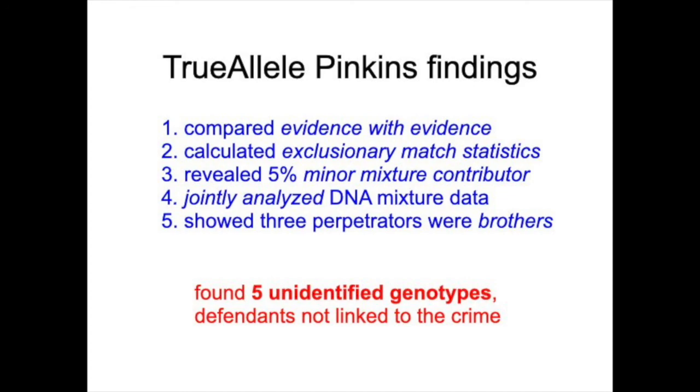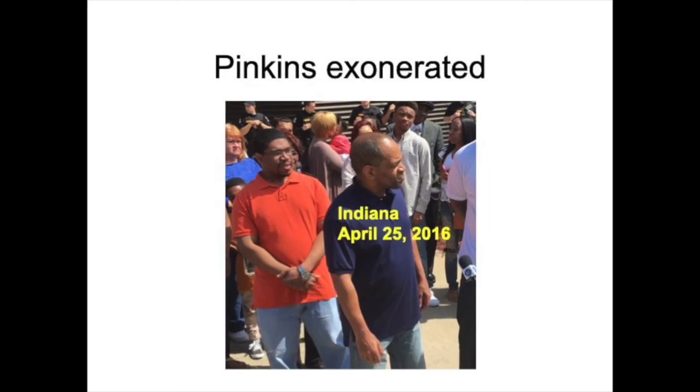So we found the 5 unidentified genotypes using TrueAllele, and the defendants were not linked to the crime, and the DA at that point canceled the hearing, dropped the charges, and Darryl Pinkins was exonerated in 2016. So that's a pretty dramatic example of what a computer can do that human review and what's been done in the past throughout the world has never done. It just doesn't happen.